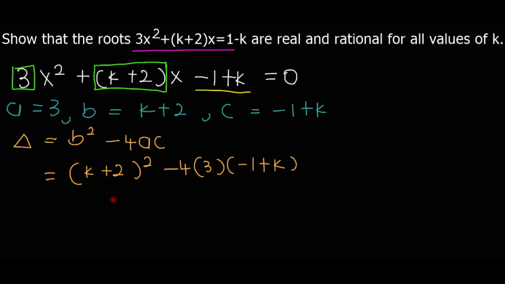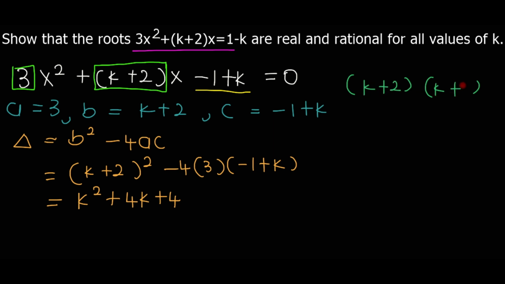From there it's all about simplifying. So this one is k squared plus 4k plus 4.